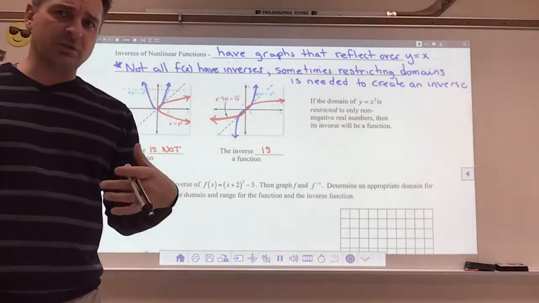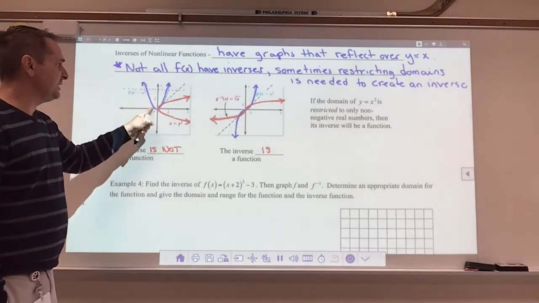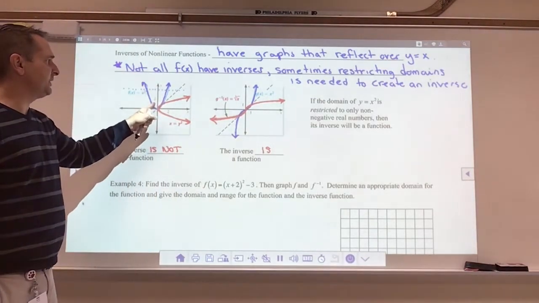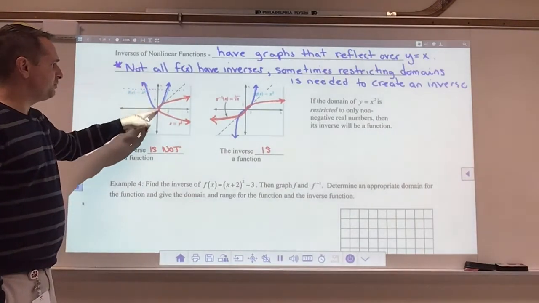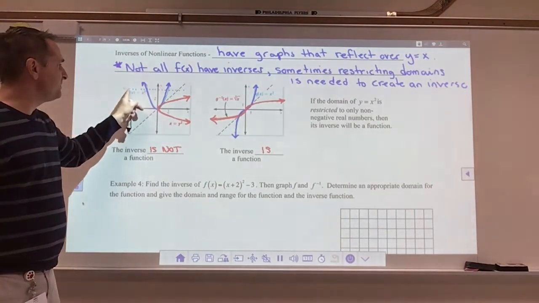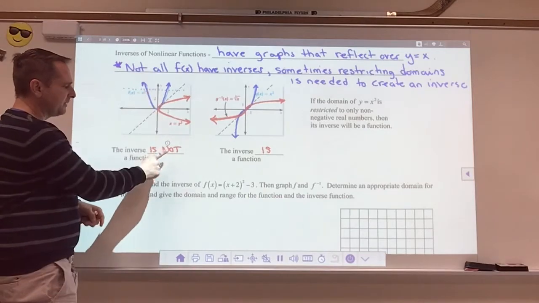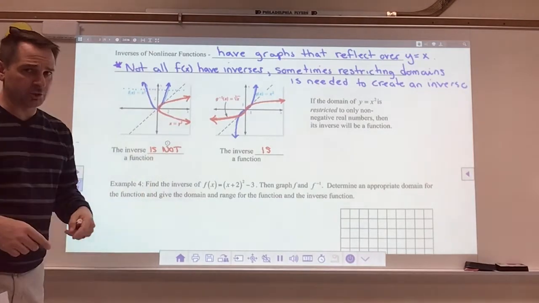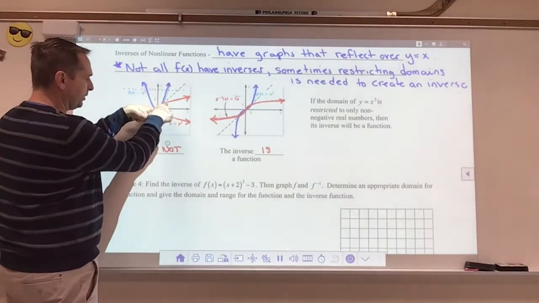We can use it just like the vertical line test, except we're not testing the function, we are testing the function's inverse. So if a function passes the vertical line test, and it is a function of course, however, if it fails the horizontal line test, we could safely determine that the inverse would not be a function. For one input, there's going to be two outputs.